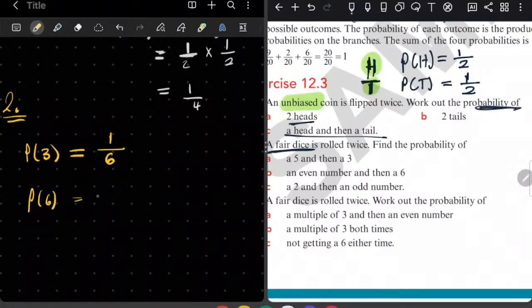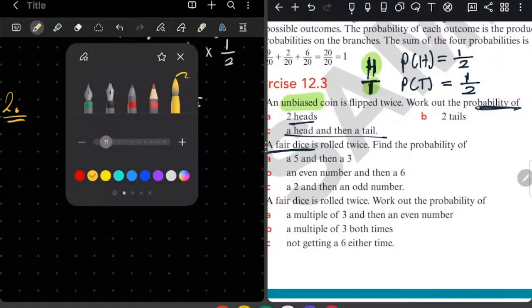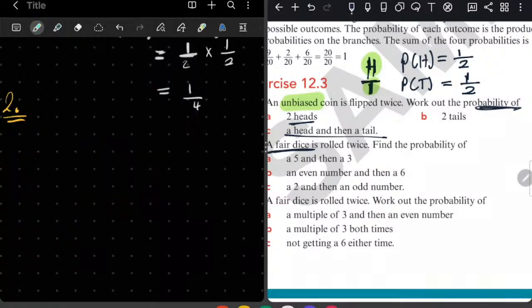How many faces have a 6 on it? 1. Over how many faces in total? 6. So it's also 1 over 6. Are you seeing? Yes. That's it. Well done.